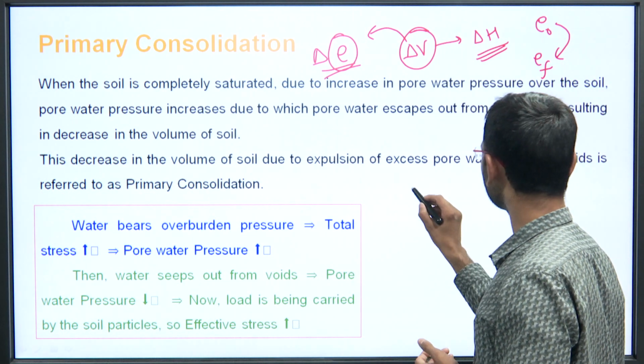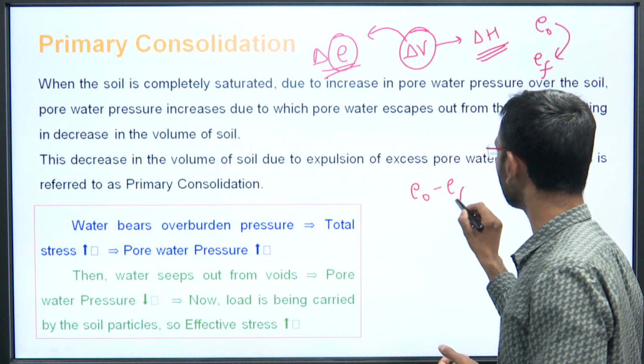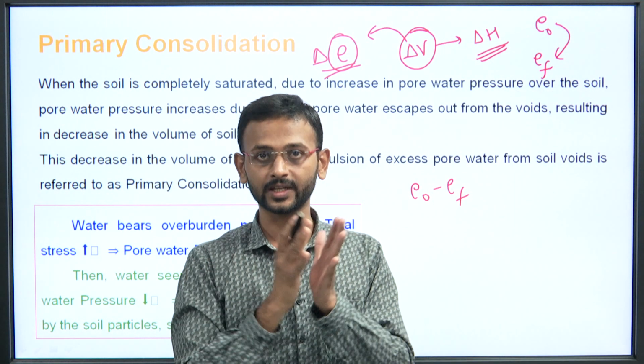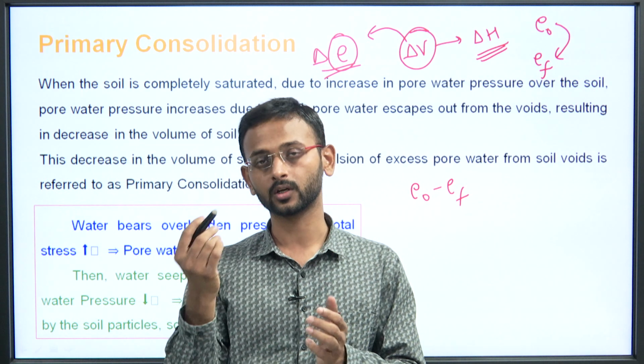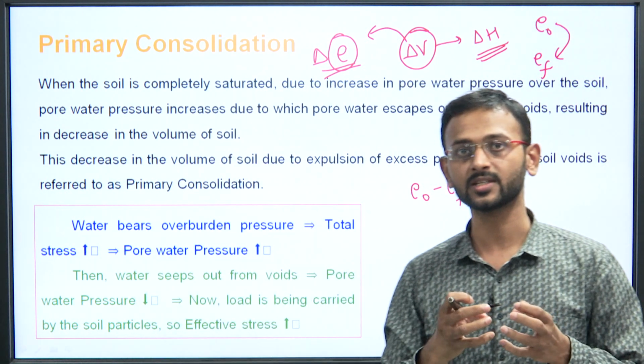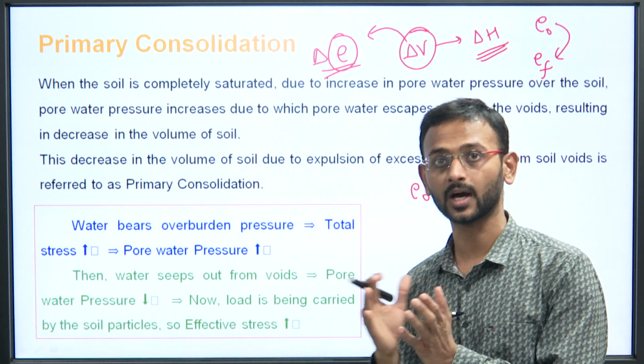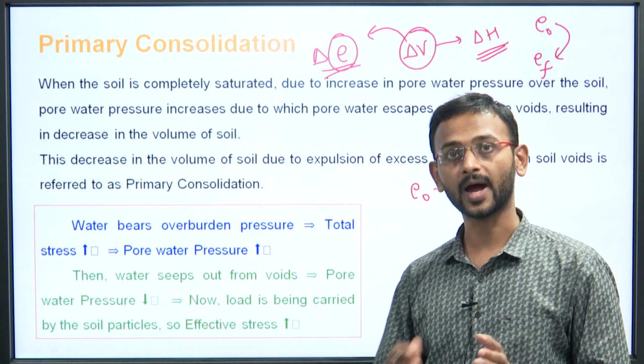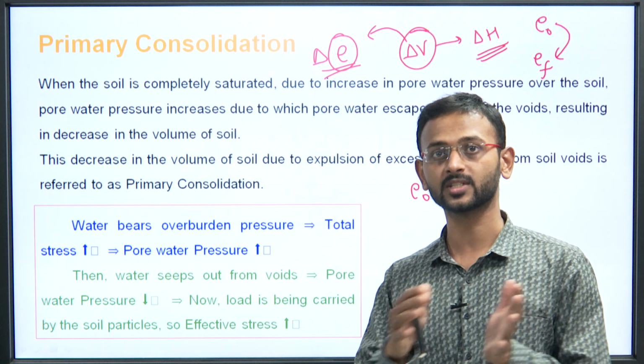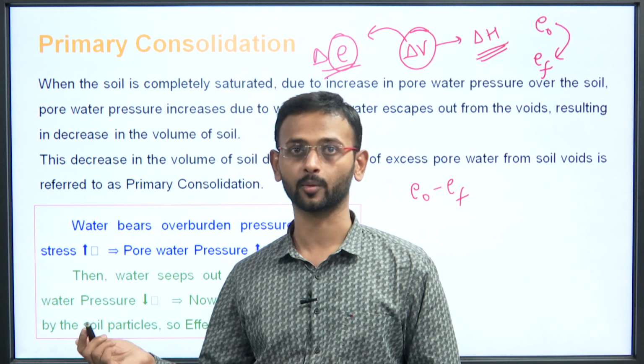So there is a decrease, e0 minus ef. So what does this decrease e0 minus ef denote? That there is some change occurring in the soil, and this volume change that is occurring here is basically the consolidation that we will be talking about.